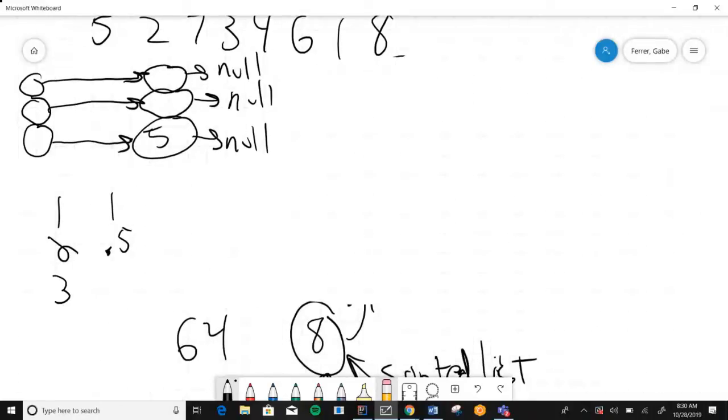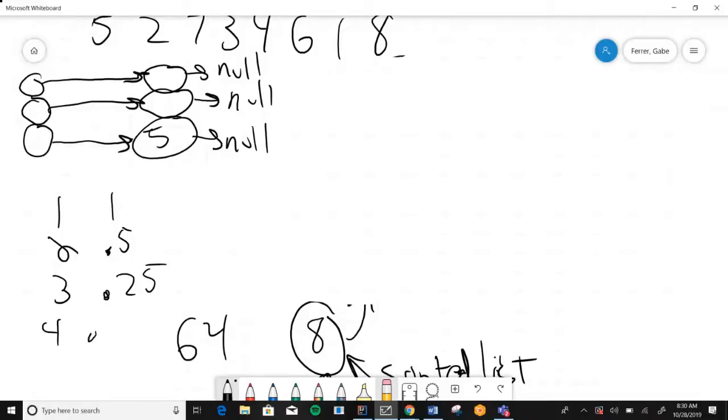For a height of 3, it'll be 0.25. So the probability is 1 divided by 2 to the height minus 1.